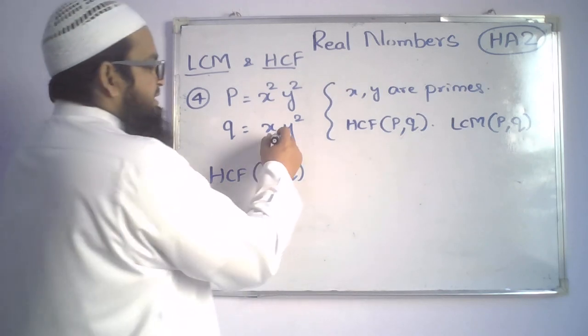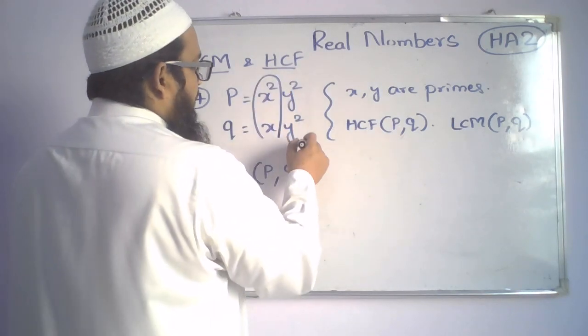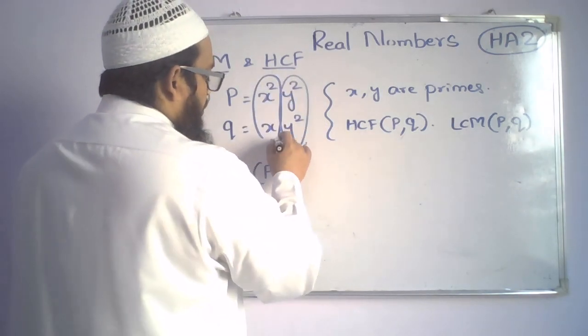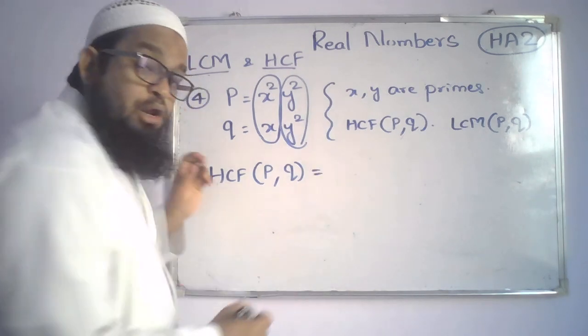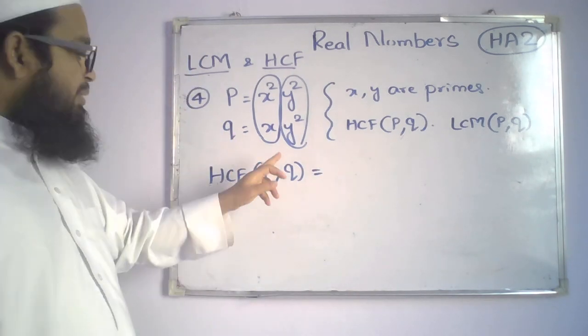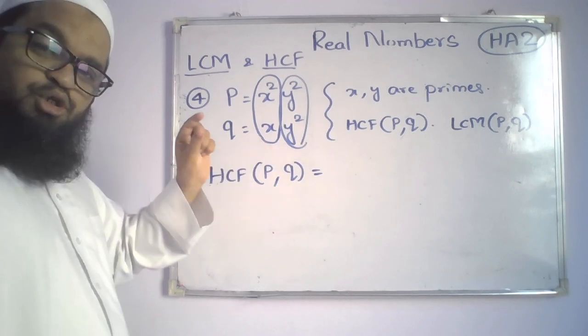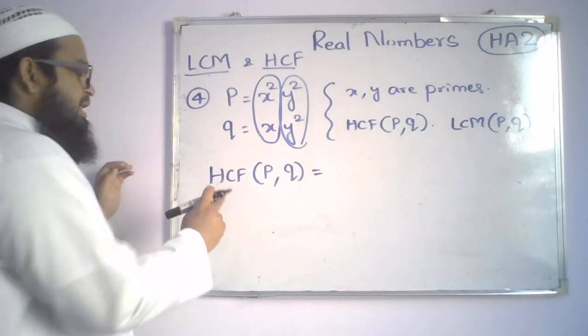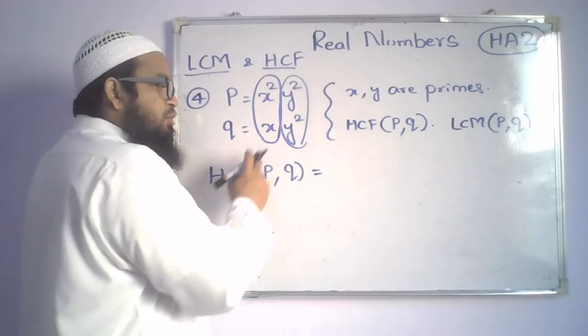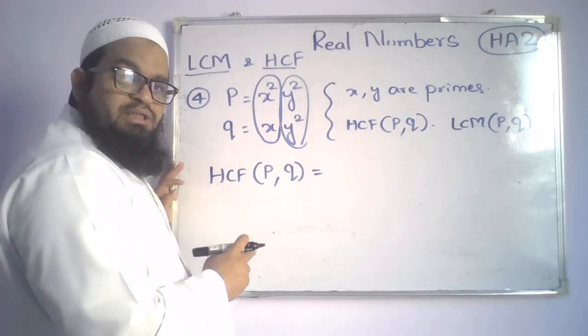For example, x is common over here and y is common over here. So you take the lowest power of the common factors. For highest, it should be lowest. Just try to remember it. For the highest common factor, you have to take the lowest power. So what is the lowest power?